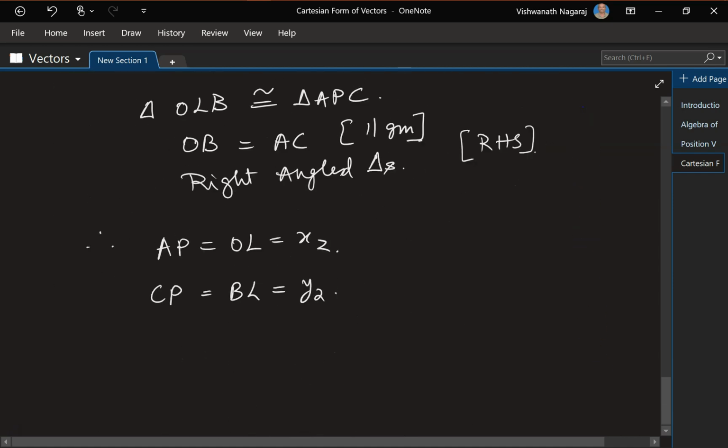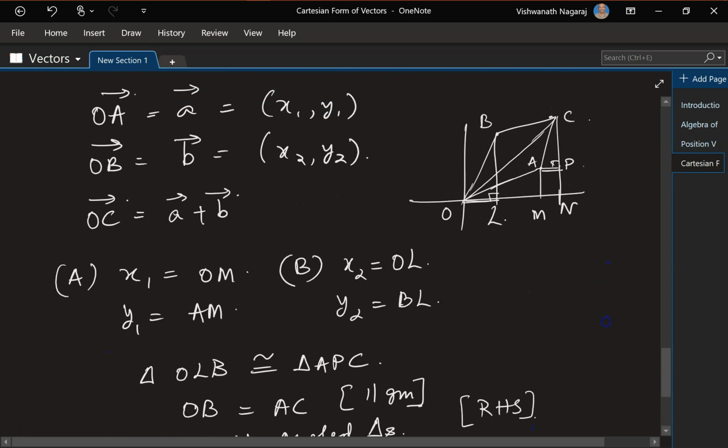So draw it by hand. You take a paper and draw using scales. Now, ON is equal to what? ON is equal to OM plus MN.